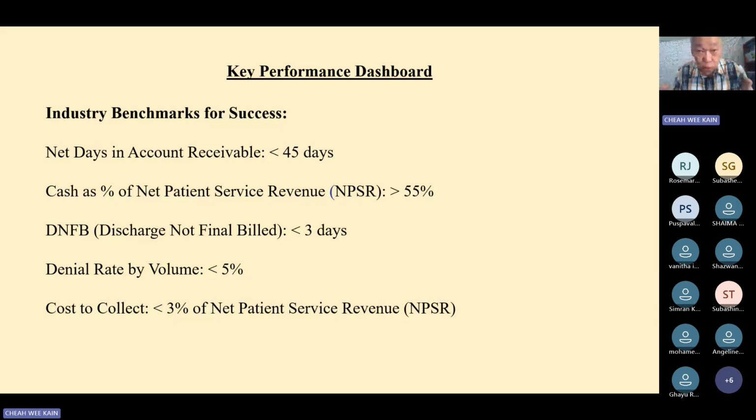If you had collected the money and put it in the bank, you would collect maybe 0.2 or 0.3% annual interest, and that bank saving or income is gone. So general guide: not more than 45 days of people owing you.